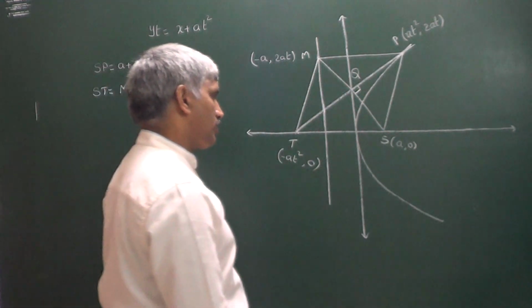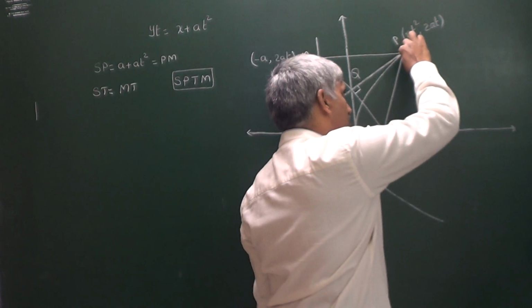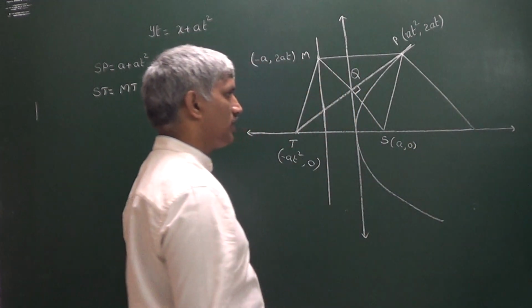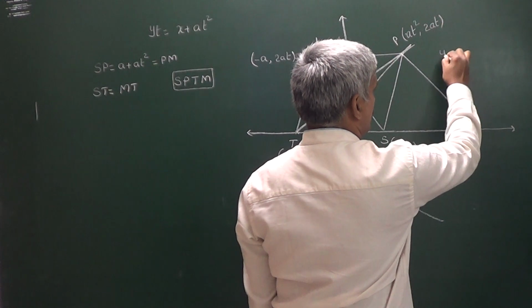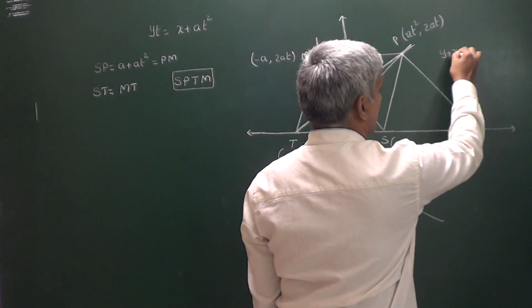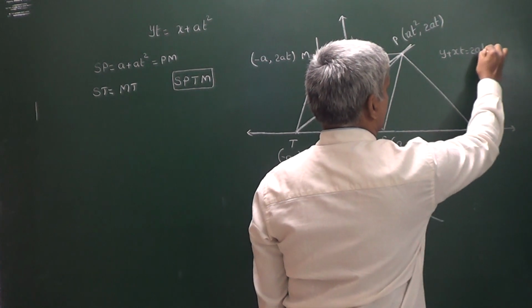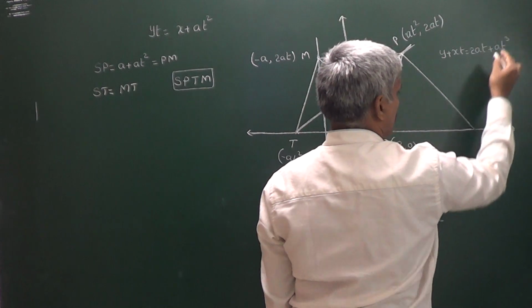Another point: a line perpendicular to the tangent at the same point P is called the normal. You know the equation of the normal: y + xt = 2at + at³. That is the equation of the normal.